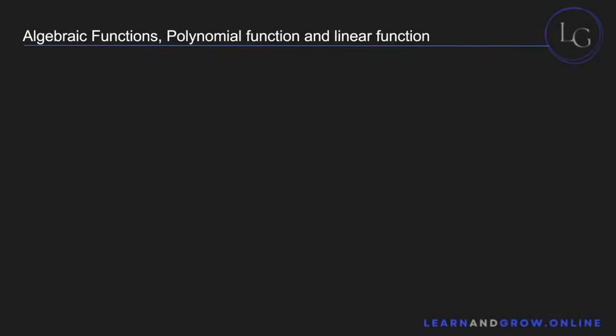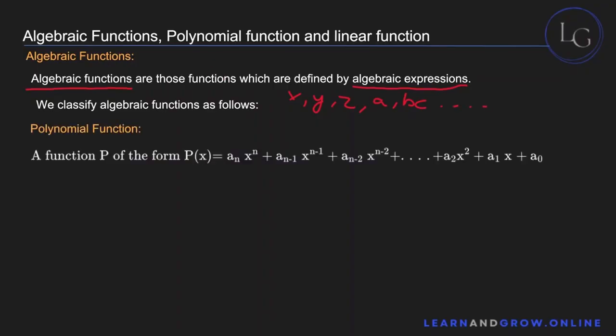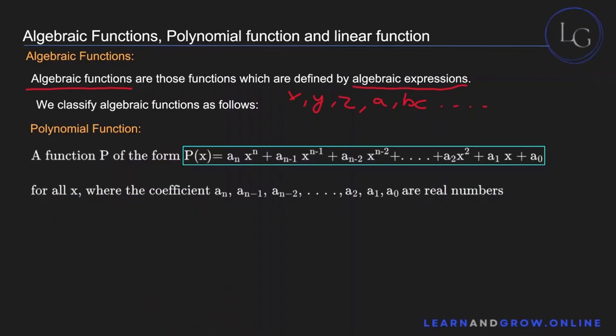Now let's see algebraic, polynomial, and linear functions. An algebraic function is any function that is defined by an algebraic expression. What that means is that it has variables like x, y, z, a, b, c, and so forth. Now you can classify them further into these categories.